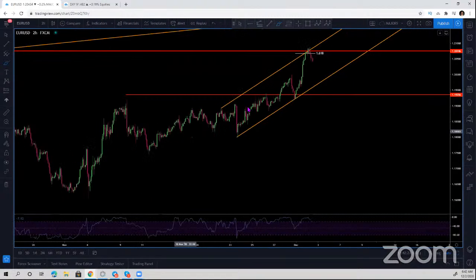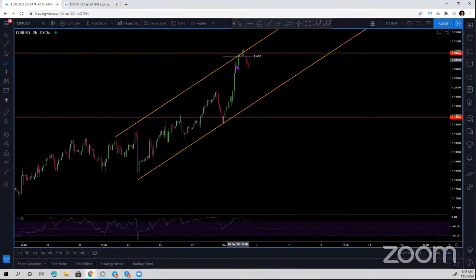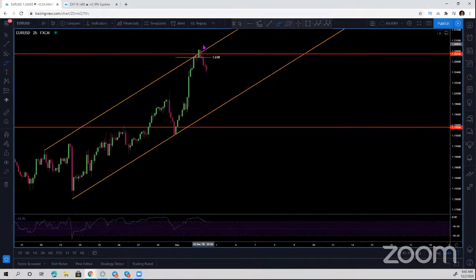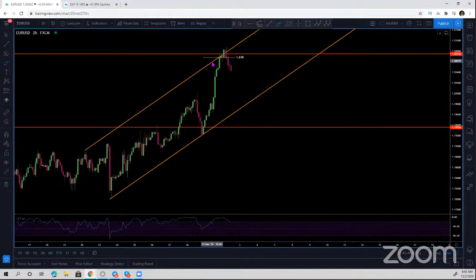Now, if we go back to the 2-hour chart, having said that, not only did we fake out, because you can see that bulls really tried to break through that level. And when we printed this rejection candle is when I saw the opportunity to short the euro versus the US dollar below the previous lows, right?